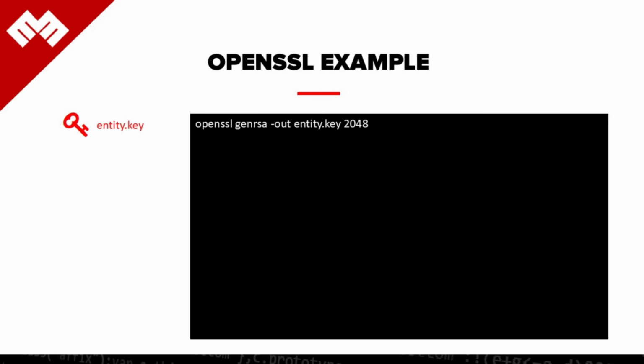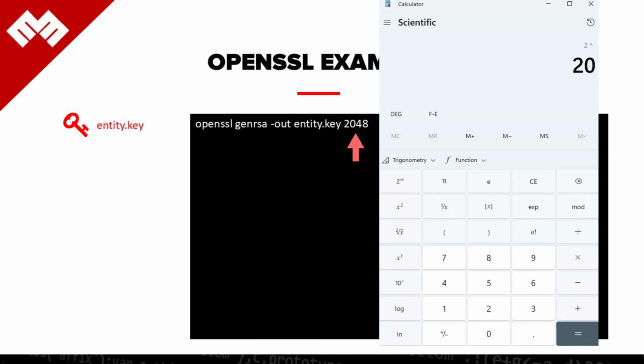First, we use this command to create a private key. The OpenSSL genrsa means we are using the generate RSA tool of OpenSSL. The RSA stands for the RSA algorithm that we mentioned previously. We are going to create a private key with a file name entity.key. The private key is going to be 2048 bits long, meaning the private key can be any number in the range of this many numbers.